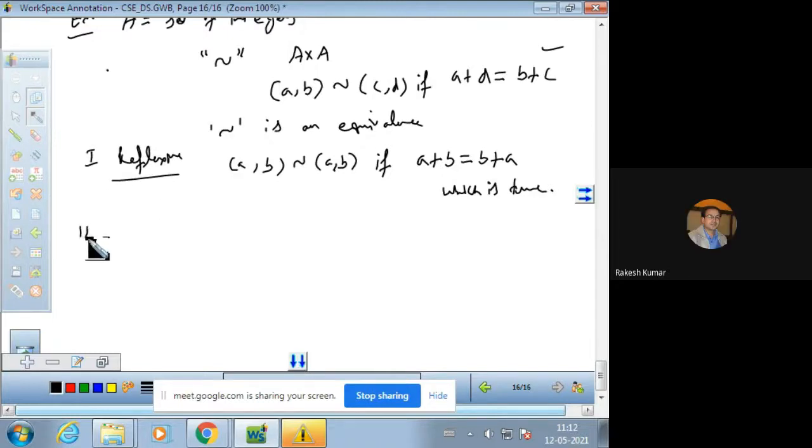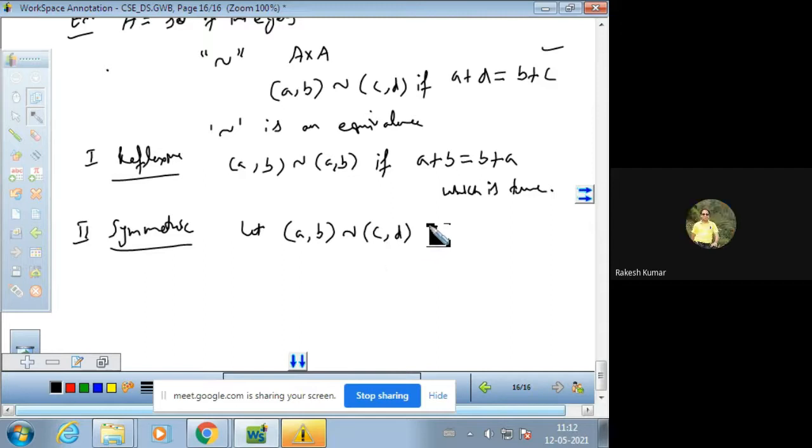The second property is symmetric, and for this, let (a, b) be equivalent to (c, d). Then what does it give? a plus d is equal to b plus c.